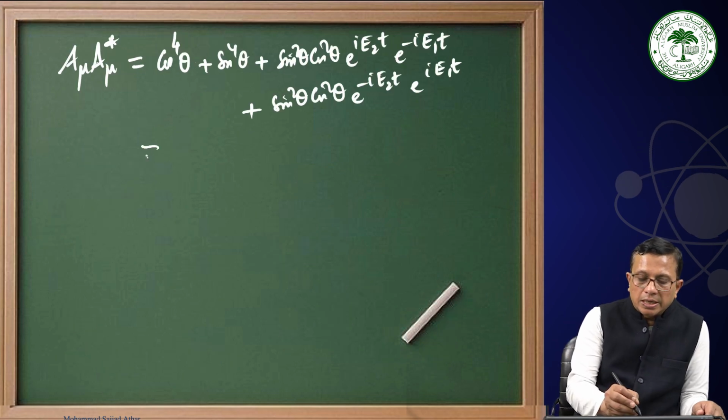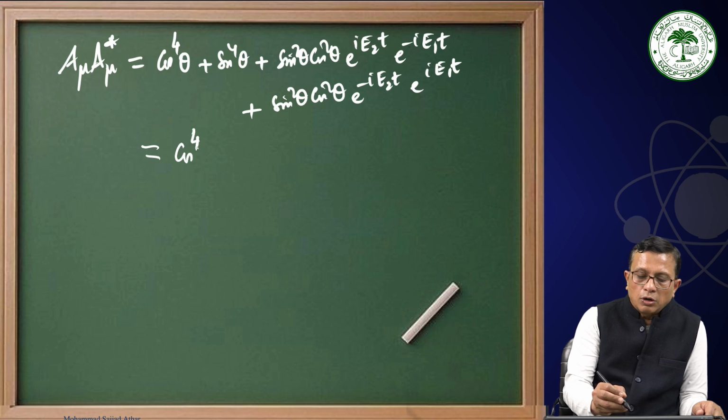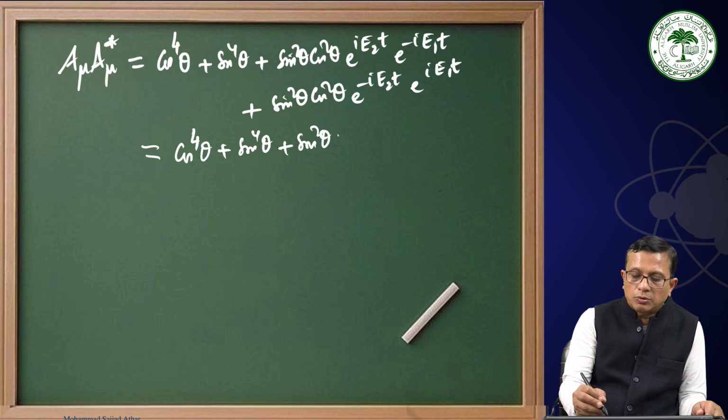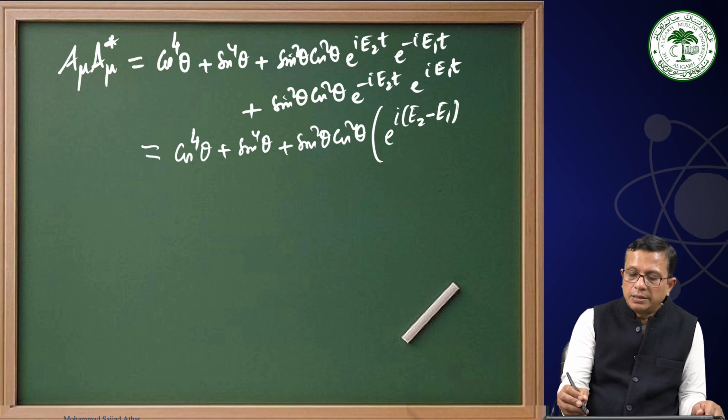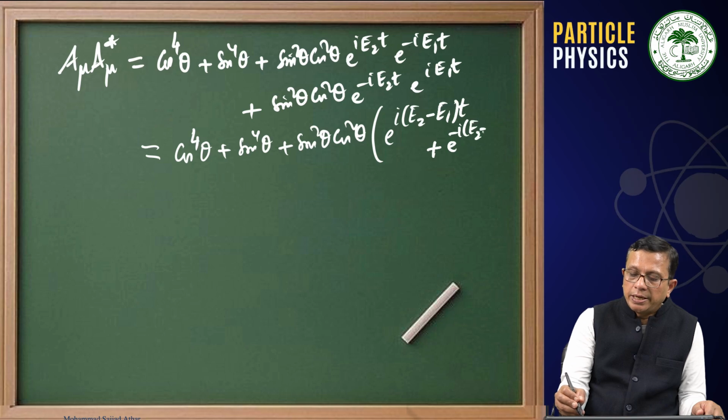This we can write as cos⁴θ plus sin⁴θ plus, let us take this common, sin²θ cos²θ times e^(i(E2−E1)t) plus e^(−i(E2−E1)t).